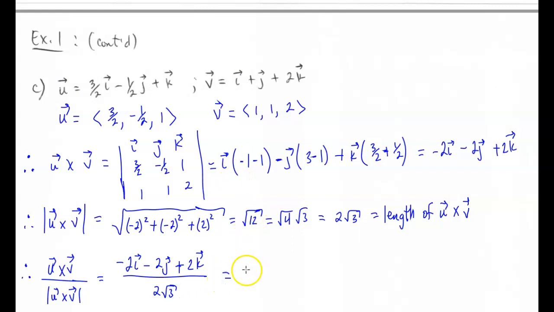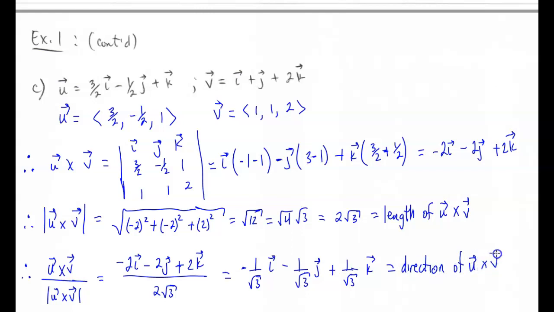And this ends up being minus 1 over square root of 3 i, minus 1 over square root of 3 j, and plus 1 divided by square root of 3 k. And that is what our direction of u cross v turns out to be.